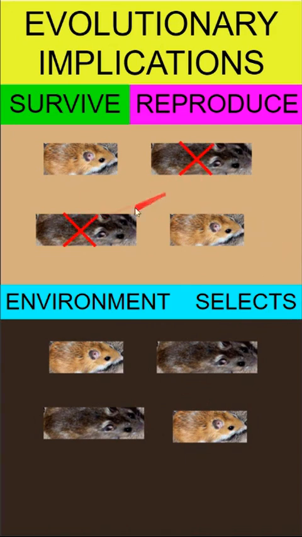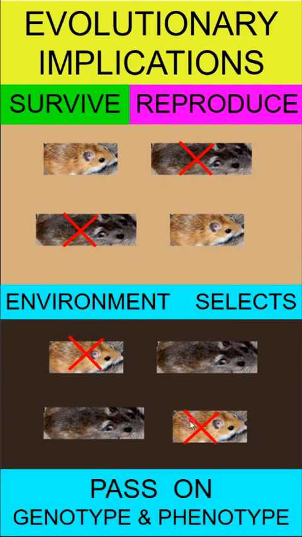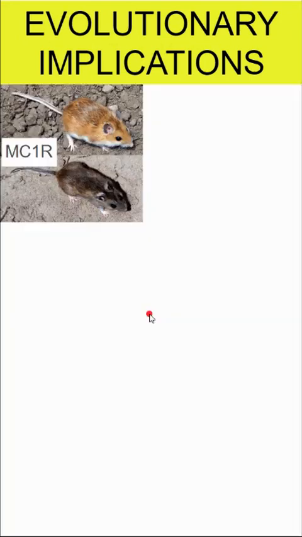Up here, these guys will probably get eaten. Down here, these guys will probably get eaten because they don't camouflage as well. So it's those survivors that will be able to reproduce and pass on their particular genotype because the phenotype was favored by the environment. So again, when we think about this particular gene, we're talking about these pocket mice.